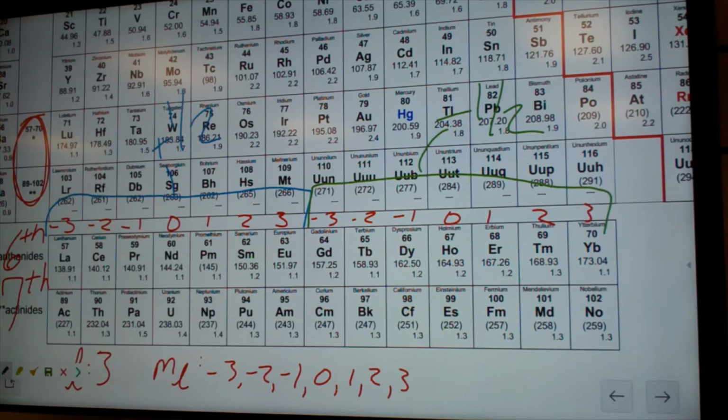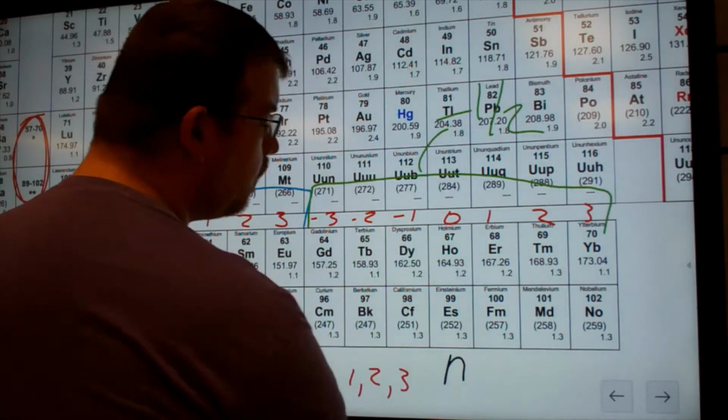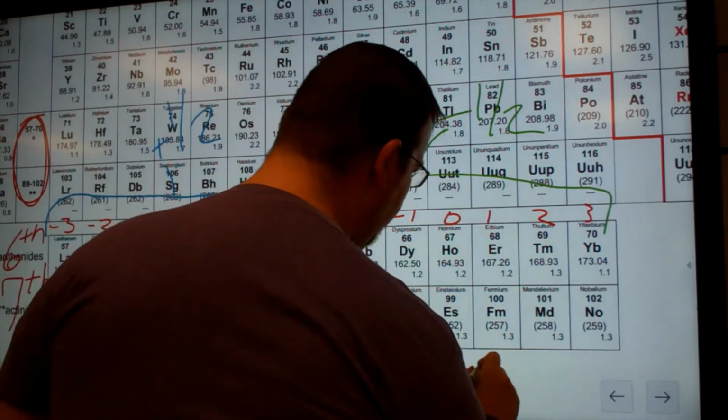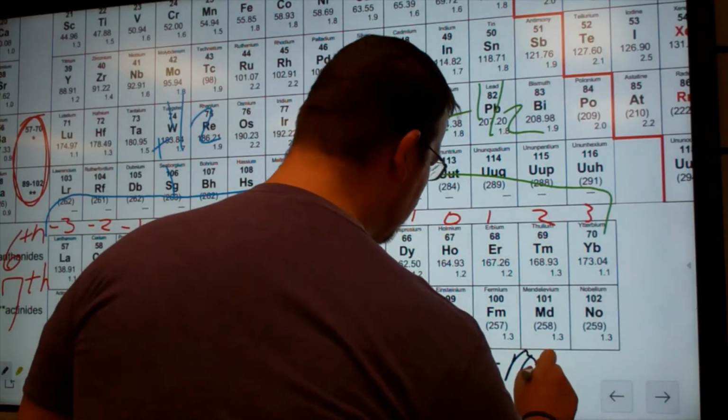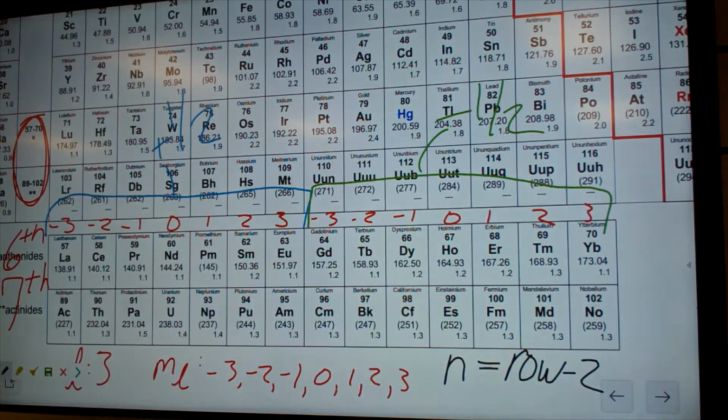And in that case, you also have to remember, for the F block, that N, the principal quantum number, is equal to the row minus 2. So let's find an element and get the 4 quantum numbers for it.